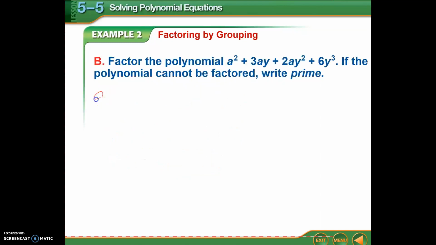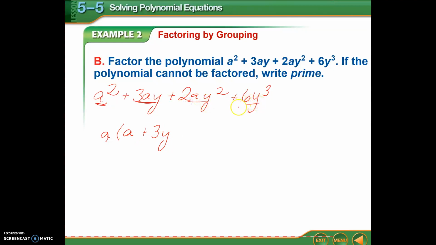Again, 4 terms, so we want to use the factor by grouping method. You can rearrange these and you should still get the same thing if you factor out the greatest common factor. Looking at the first two terms, the greatest thing I can take out is a, and I get a plus 3y.